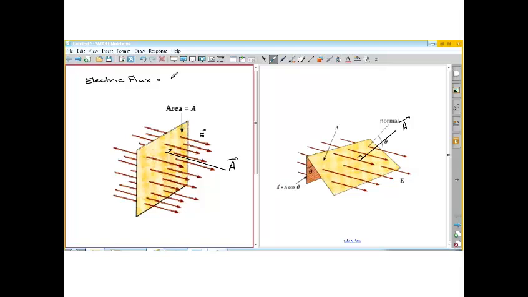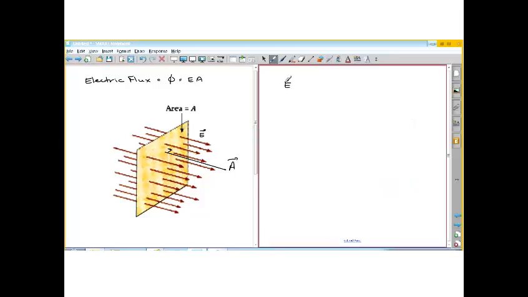And so the flux, which we use the symbol phi for, is just the product of the electric field, the strength of the electric field, basically, and the area. So the area would be the height times the width, and the electric field, and this would be the magnitude of the electric field, would be equal to Coulomb's constant times Q over r squared.